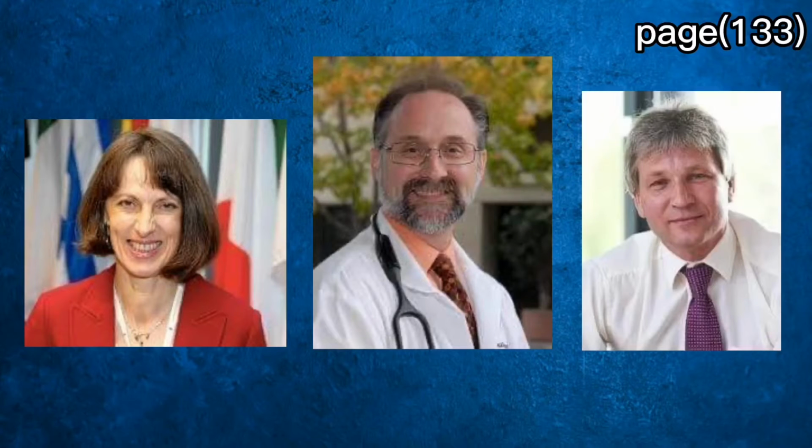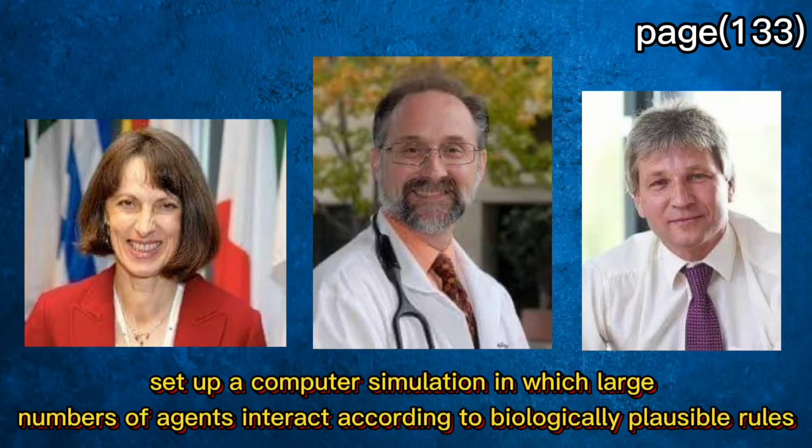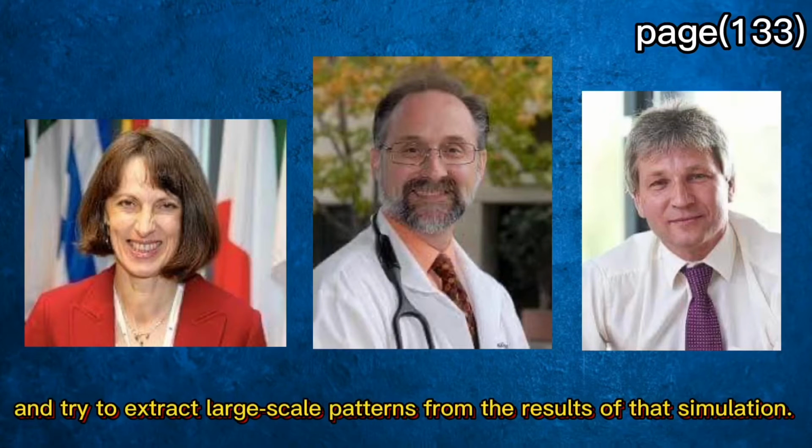In 1994, Jackie McGlade, David Rand, and Howard Wilson of Warwick University set up a computer simulation in which large numbers of agents interact according to biologically plausible rules, and tried to extract large-scale patterns from the results of the simulation.